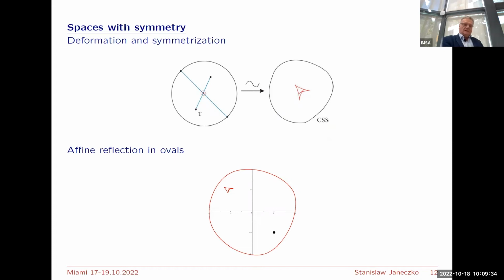which is a very important transformation. Here we have this picture again. We have some transformation T, which transforms the points, and the cycle is transformed, the central symmetry. So how to reflect points if you deform this cycle?